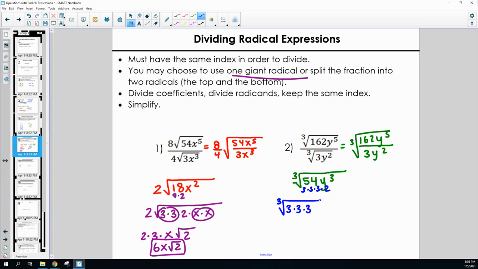There's that group of 3 of the same number times 2. And then for y cubed, that's going to be y times y times y. So I'm going to pull out a 3 from this group. I'm going to pull out a y from this group. And then I'm left with the cubed root of 2.